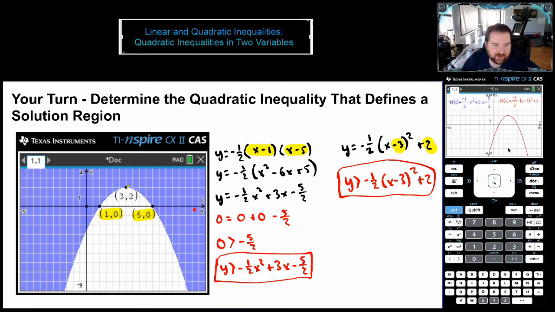So how did I get that a value? Well, if I start at the vertex here and I look at the scale of my graph, this is going down 1, right? And every 2 ticks is 1, because from here to here was 1. So this would be 2. Okay? So if I go left 1, I'm not going down 1. This is where it should be in a normal graph.